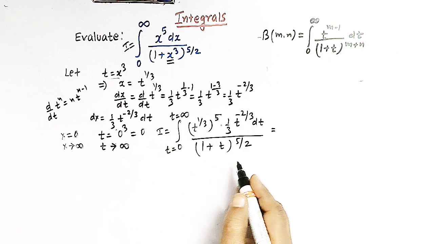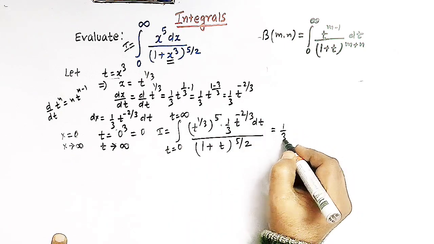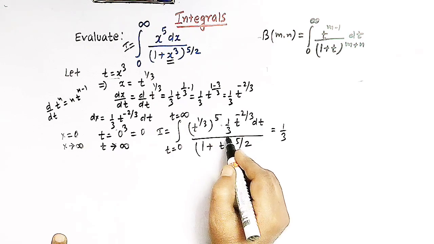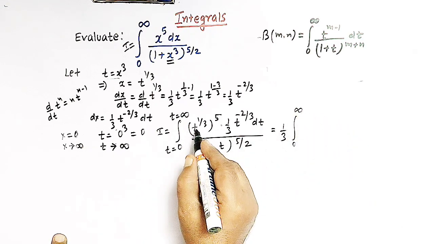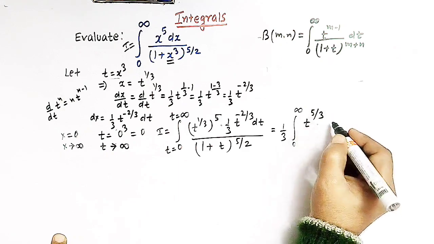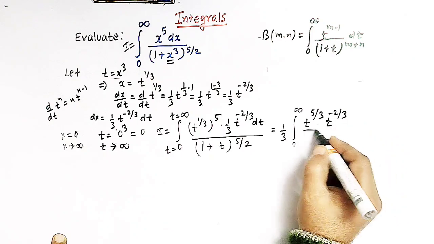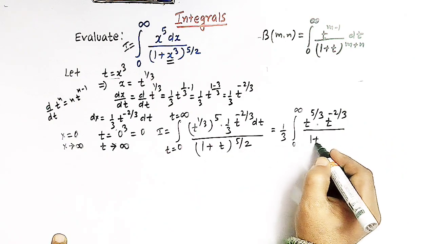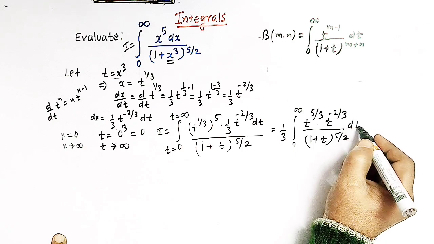So now let us arrange the terms here and simplify. We can take 1 over 3 outside the integral. We have 0 to infinity, then t raised to 5 over 3, and t raised to minus 2 over 3, and (1 plus t) raised to 5 over 2 dt.